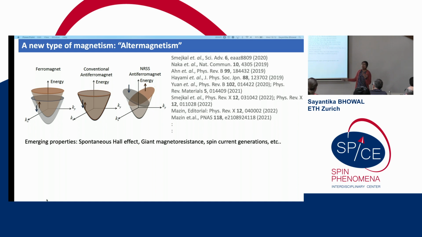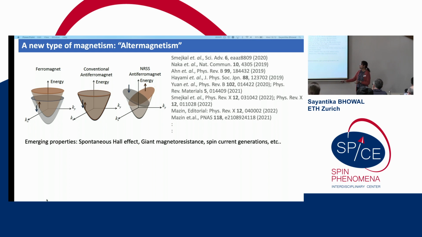And as we heard many times in this conference, the key feature of these altermagnets is the spin splitting in momentum space without any need for spin-orbit interaction, which is very similar to ferromagnets, while still maintaining zero magnetization like a conventional antiferromagnetic system.